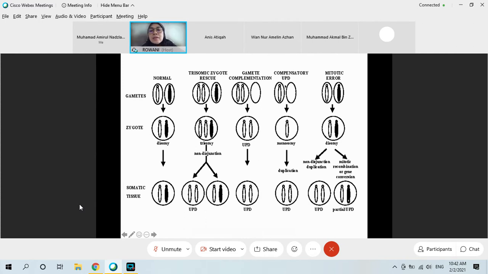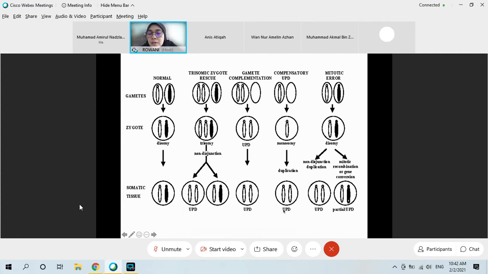Or there might be compensatory UPD. The mother's gamete is normal, but the father's gamete, because of non-disjunction, has no chromosome inside it. So this will result during fertilization in a monosomy zygote. But to correct the problem, the body duplicates these chromosomes, resulting in two chromosomes that come from one parent.